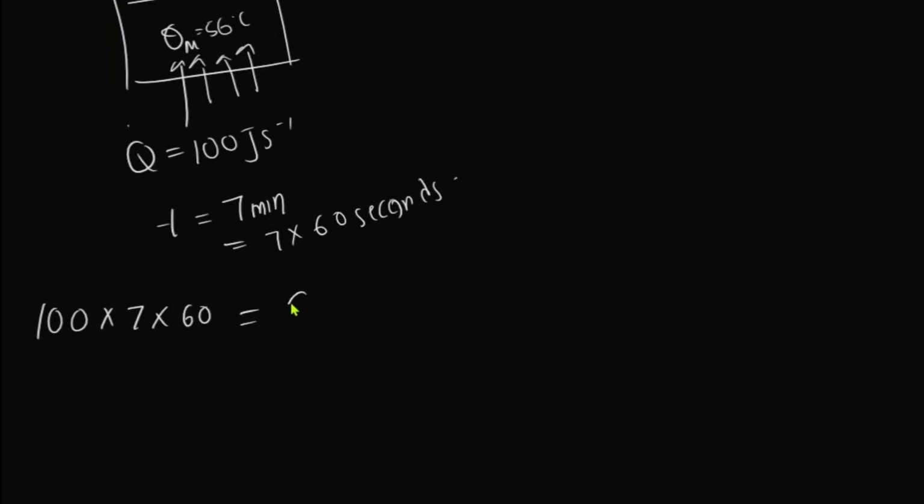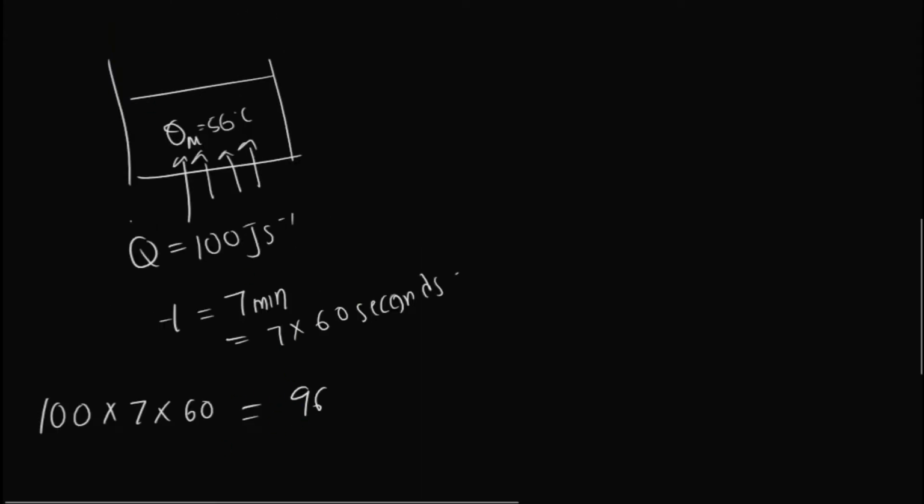Since there's no temperature change, the calorimeter is not going to absorb any heat. So the complete heat supplied is going to be used by the paraffin to change its state.